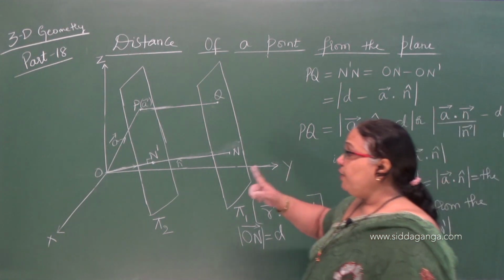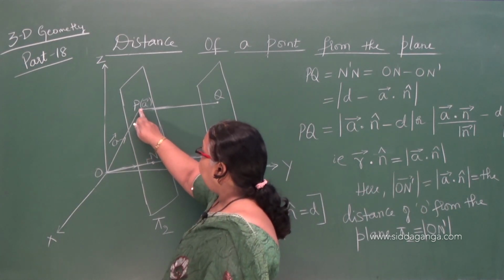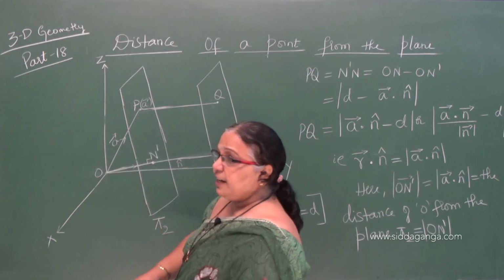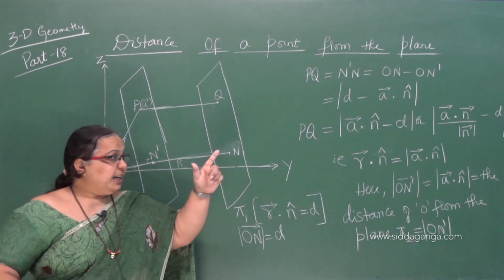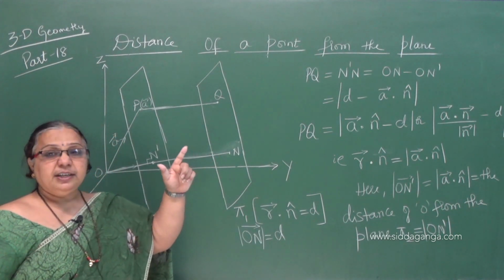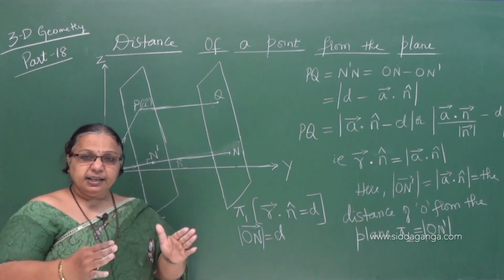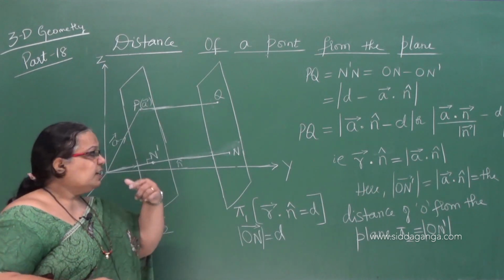If we want to find the distance of a point P, instead of P, if it is the origin, then we get only the formula that it reduces to D. So plainly, the D that is given itself represents the distance from the origin to the given plane.